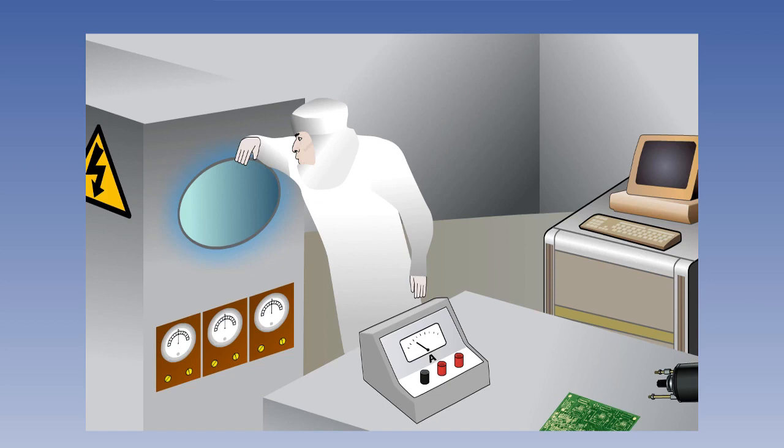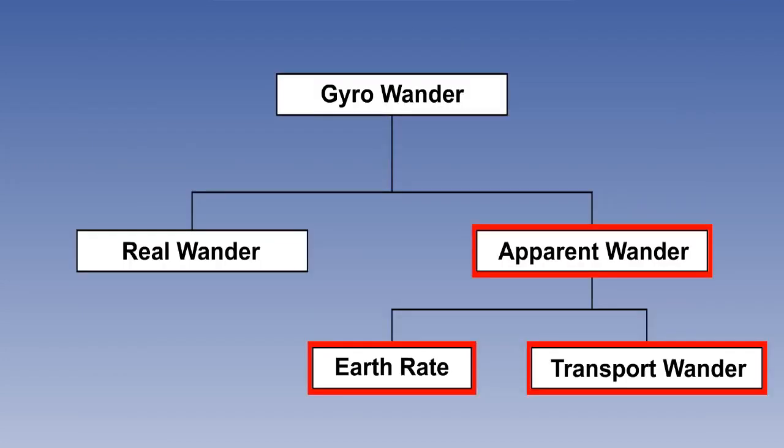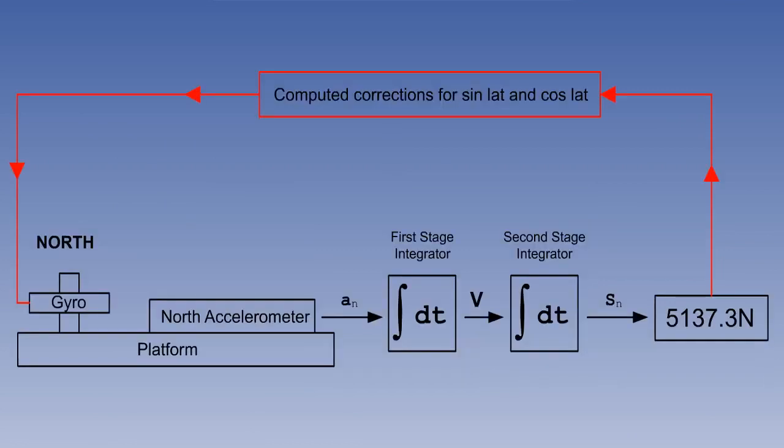Modern, expensive manufacturing techniques have made real wander so low that the gyros can be regarded as almost perfect. However, that still leaves apparent wander. Earth rate is corrected by calculating the sine and cosine of latitude and using them to precess the gyros.